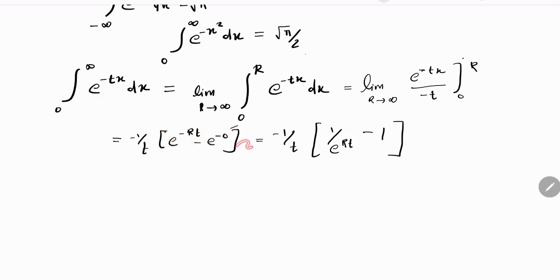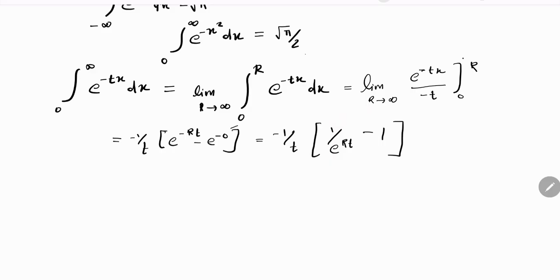We apply upper limit minus lower limit. So this can also be written as minus 1 by t into 1 by exponential rt minus 1. Here r tends to infinity, so this term becomes 1 by infinity, that is 0.